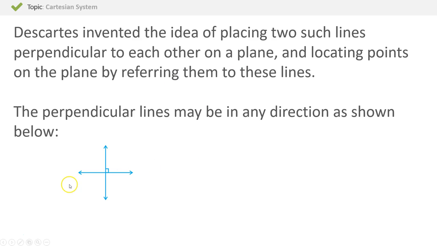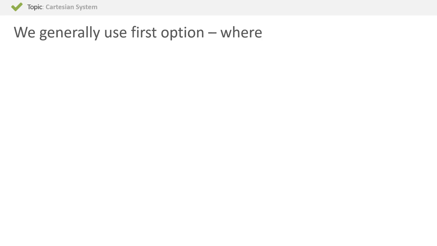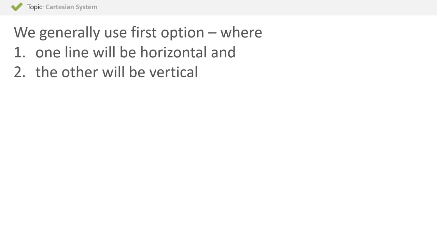One way is to put them horizontal and vertical, but it is not only limited to that. You can also represent like this or like this. They are all two perpendicular lines intersecting each other on a plane. But we generally use the first option, where one line is horizontal and the other is vertical.